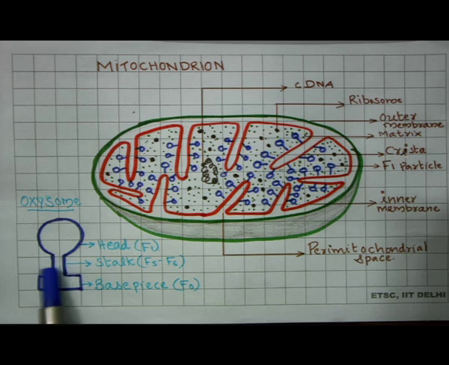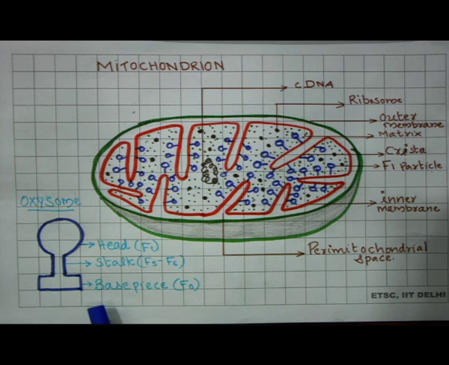Then there is a small stalk. It is known as F5, F6 subunit. At the tip portion, the terminal portion, you can see a globular head piece, and this head piece is known as F1 subunit. The head piece helps in the synthesis of ATP.